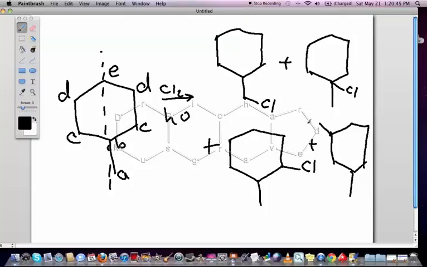I'll put the Cl over here. That's going to be the same thing. And one more. Alright, so we have one for each A, B, and C, and D, and E attachment.